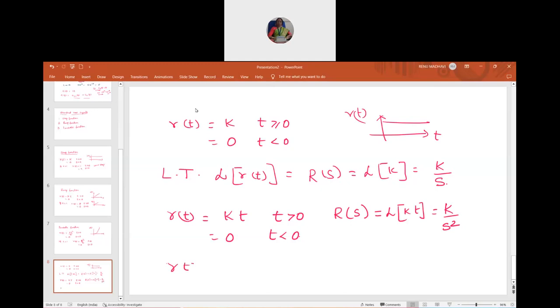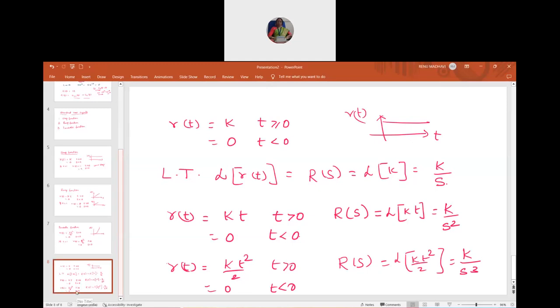Lastly, for a parabolic function, r of t is kt square by 2 for t greater than 0 and equal to 0 for t less than 0. In that case, the Laplace transform of kt square by 2 is k by s cube.